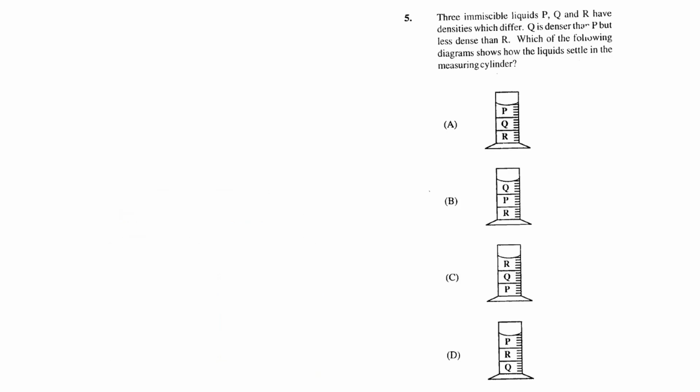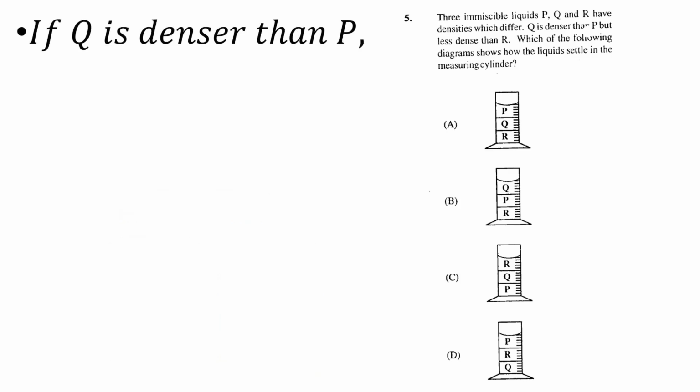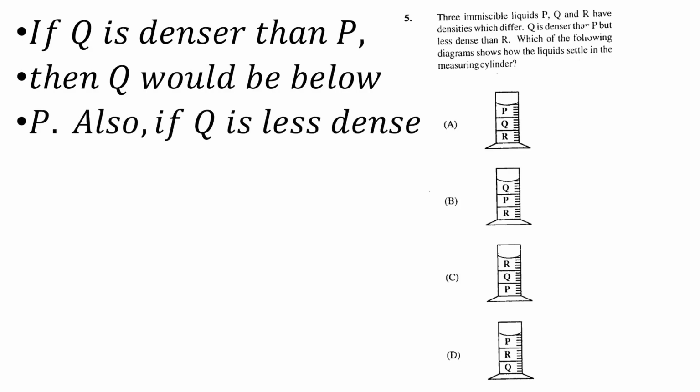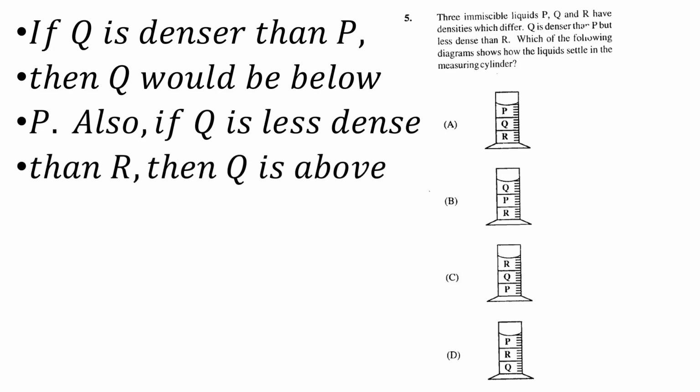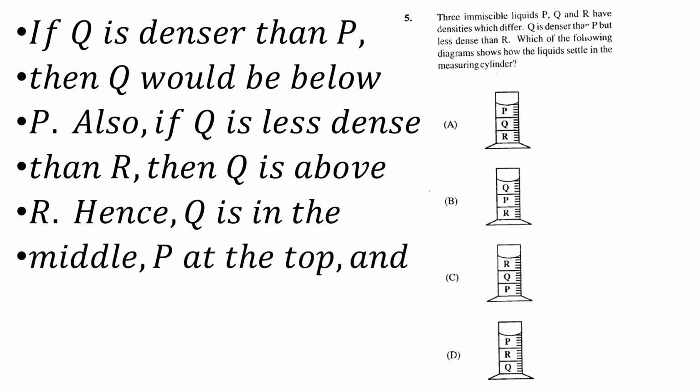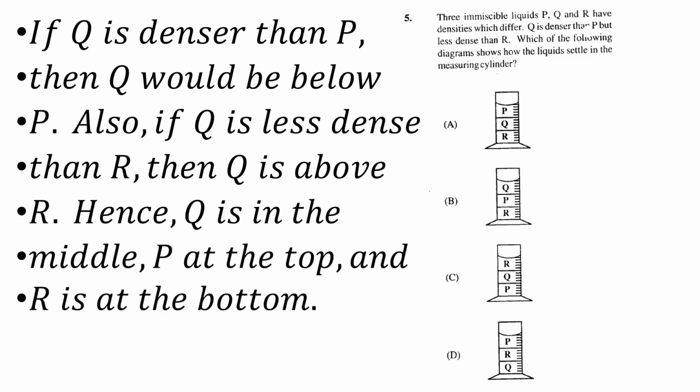So we're told that Q is denser than P, so Q would be below P. Also, we know that Q is less dense than R, which would then mean that Q would be above R. This means that Q is in the middle, P is at the top, and R is at the bottom. So the answer is A.